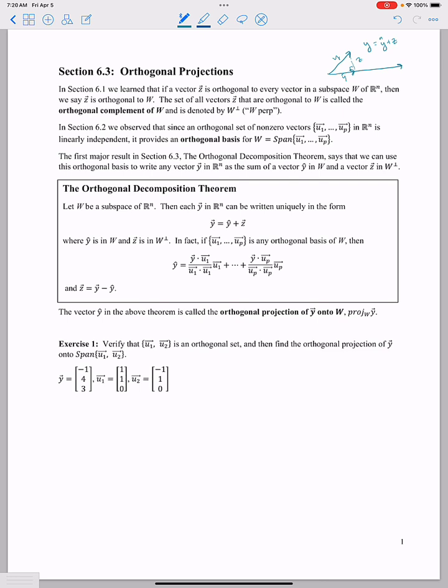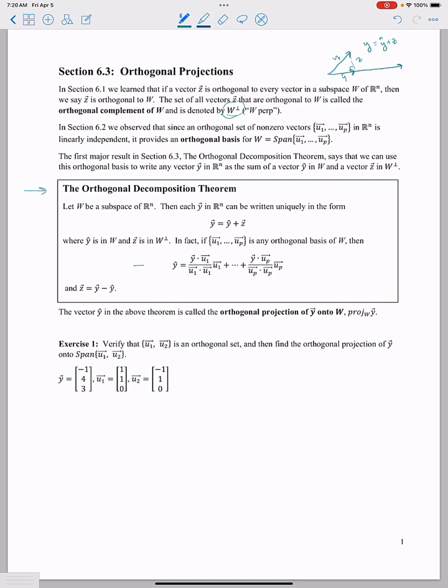So you break it up into things that are orthogonal and the orthogonal complement, which we talked about, this W perp. This theorem, this orthogonal decomposition, is that idea that you can decompose a vector into a vector from W and a vector from the W complement.